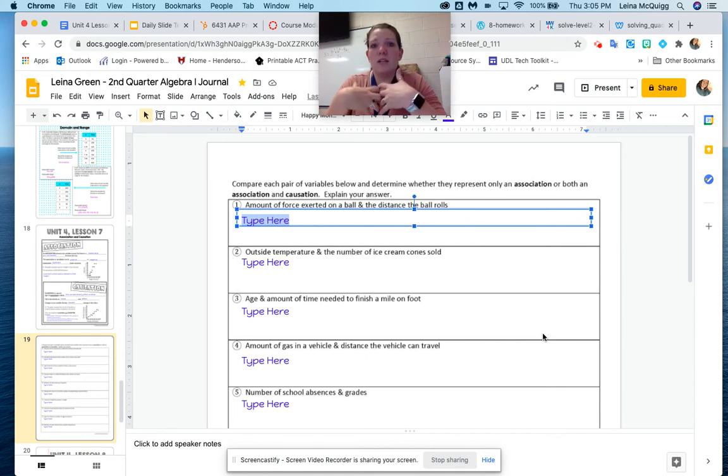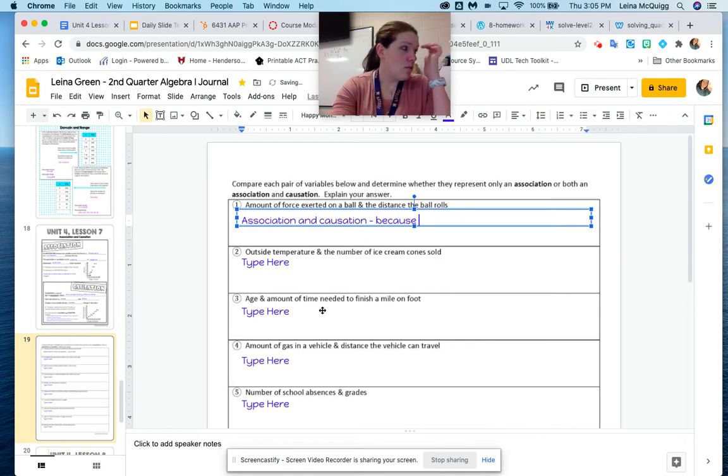And if I change the amount of force, then it changes the distance it goes, right? So one thing is affected by the other. We have a cause and effect. So this is actually association and causation. Because, okay, how do we word this?